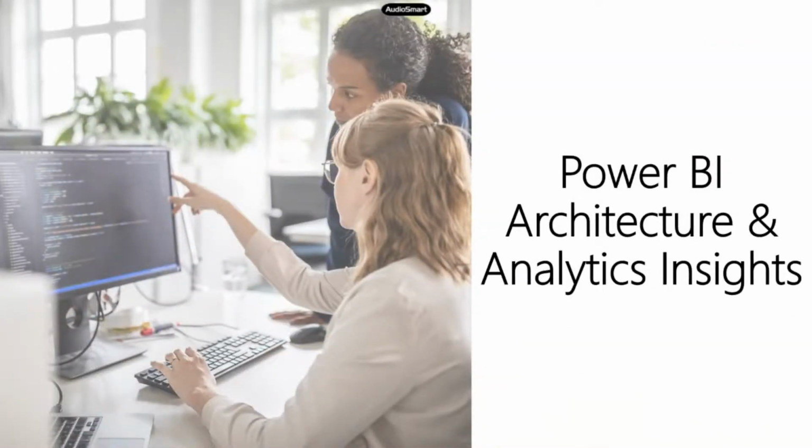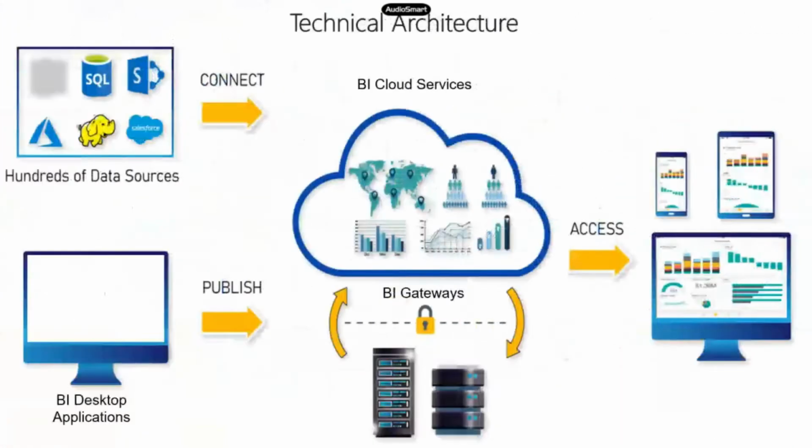So here comes the most important part, which is the heart of Power BI: the Power BI architecture and analytical insights. As I said, we can connect hundreds of data sources. Once we connect to those data sources, we can create our report in Power BI Desktop.